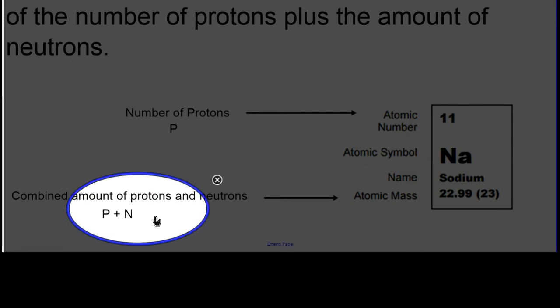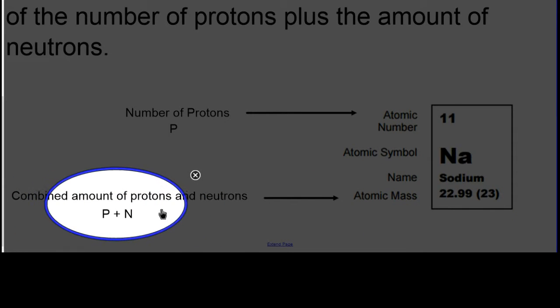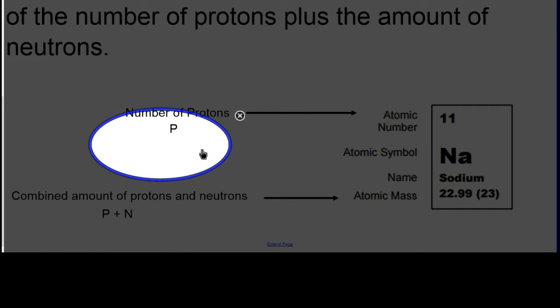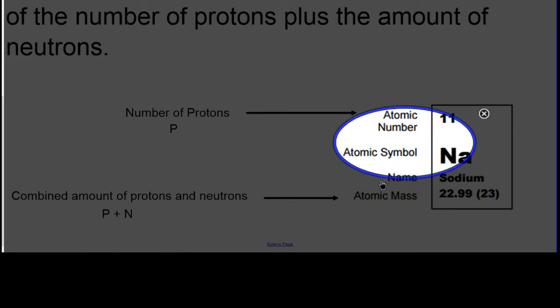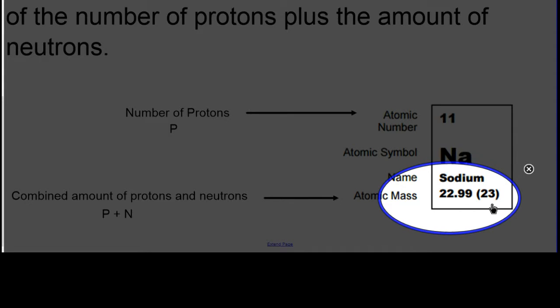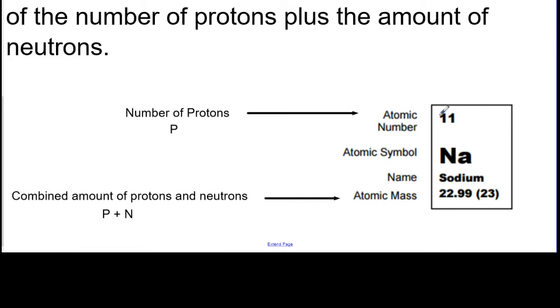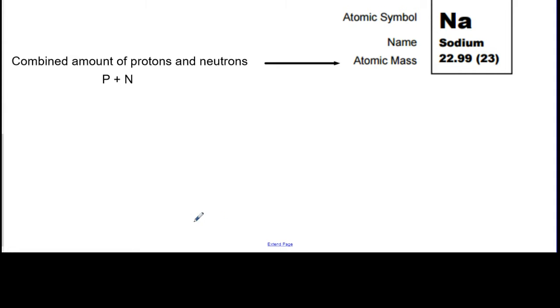So the atomic mass is equal to the combined amount of protons and neutrons, or P plus N. We know that the number of protons is 11, and the total atomic mass is 23, and that the protons plus the neutrons is equal to 23. Well, that means that our protons, 11, plus the number of neutrons that we have will have to equal 23.